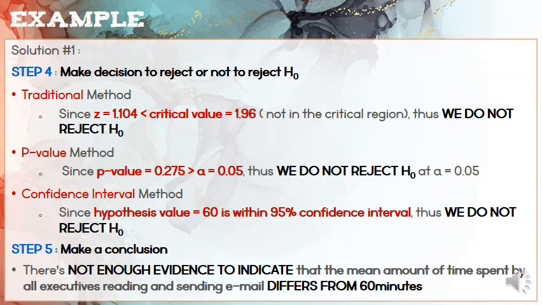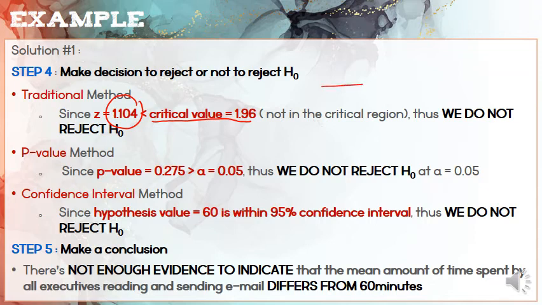So, based on the SPSS output tadi, kita dapat our test value 1.104. Compare with your critical value. So, since 1.104 is less than your critical value, 1.96, we do not reject H null.